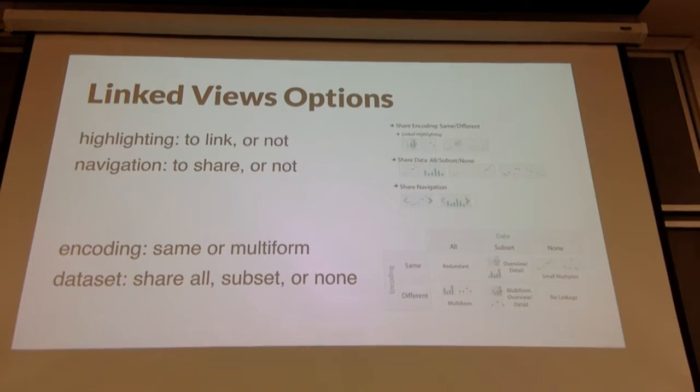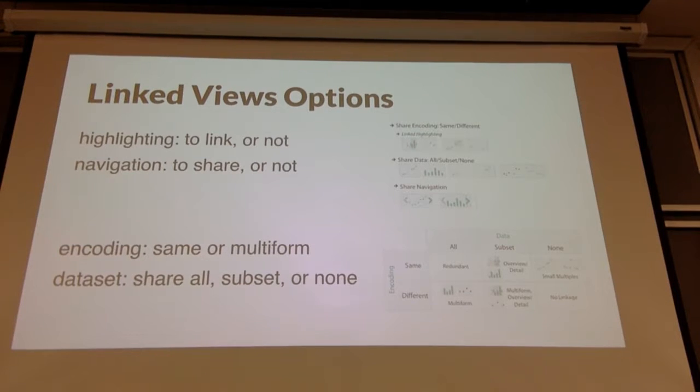Navigation is about whether I have one view, for example, that is in detail, and the other one is separate, and whether I can have linked navigation between those views.